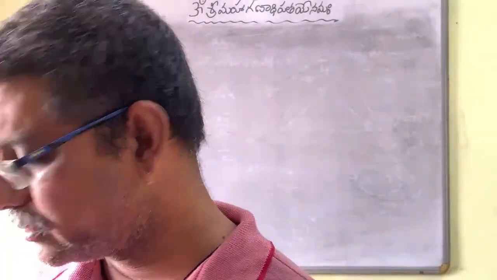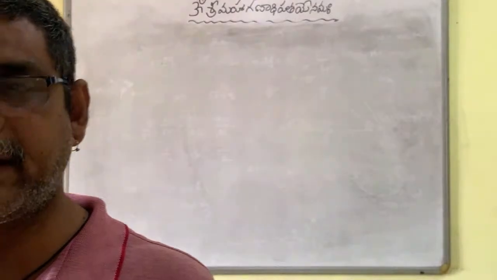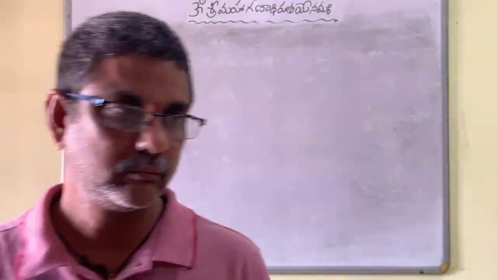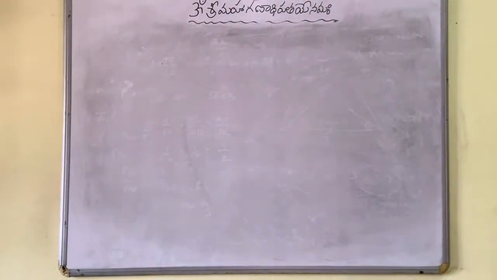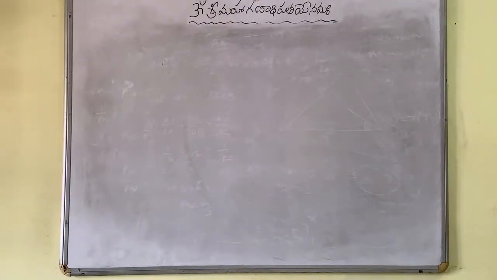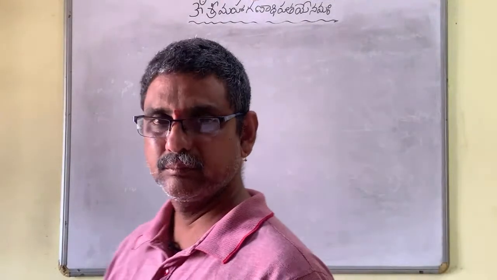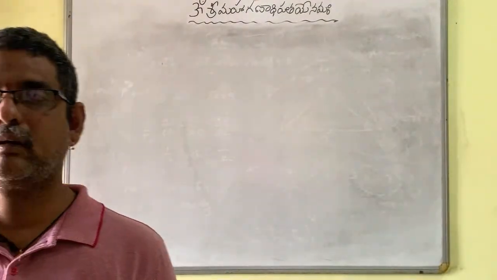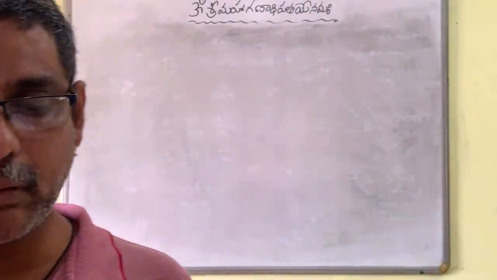Next, question number 17. Which of the following cannot be the probability of an event?